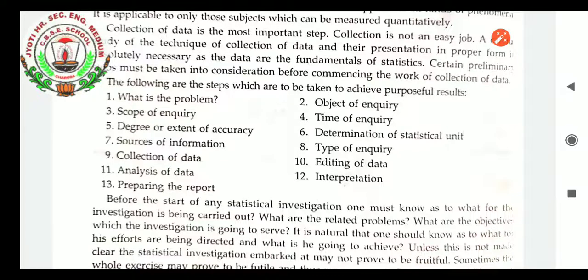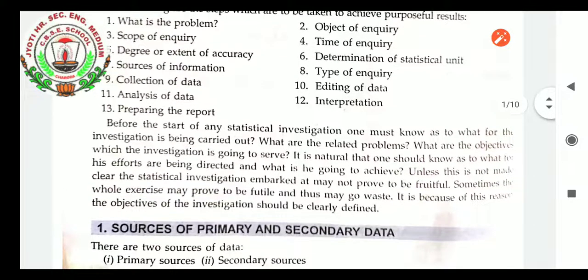Time of inquiry: definitely the duration of inquiry is needed, because data which is collected beyond the time will not be useful. Degree or extent of accuracy must be there. Determination of statistical unit, sources of information, type of inquiry, collection of data, editing of data, analysis of data, interpretation, preparing the report. These are the various steps which must be done.